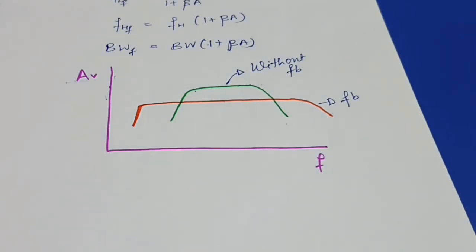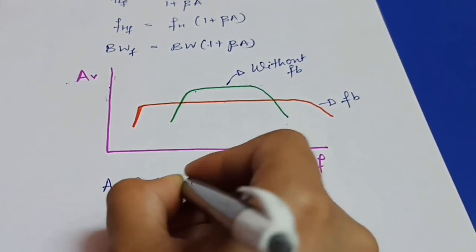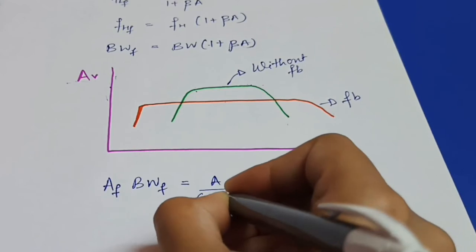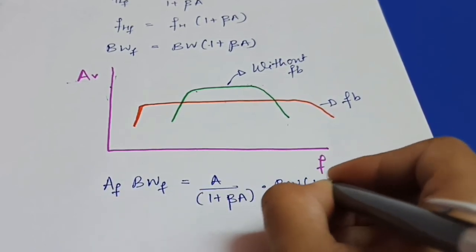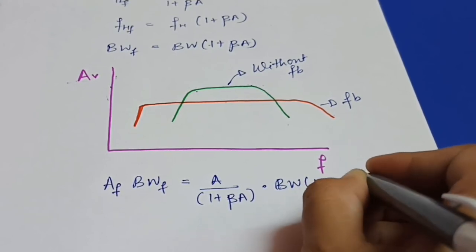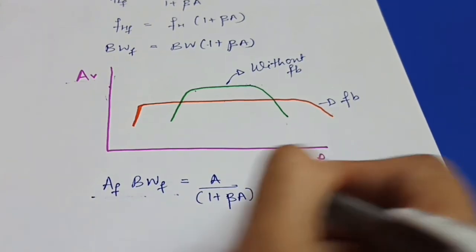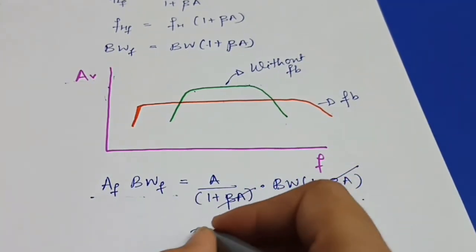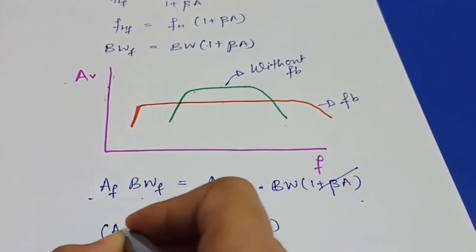So basically the product of gain and bandwidth remains the same with or without feedback. So this is without feedback and this is with feedback. This term gets cancelled out and we are left with the same gain bandwidth product.